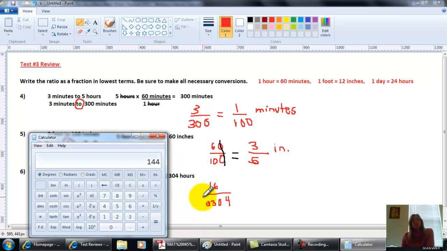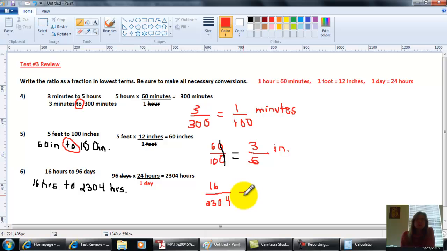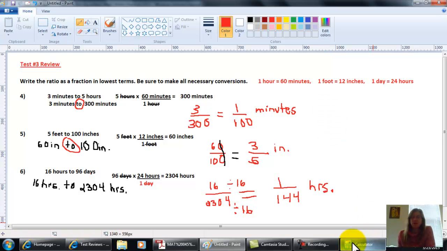It is. So that's even better. So then we divide both top and bottom by 16. I'm dividing both by 16, and I'm going to have 1 over 144. And that is hours. We changed that to hours. Okay, so these are your answers then for 4, 5, and 6.